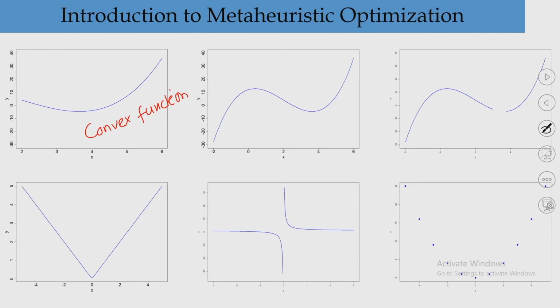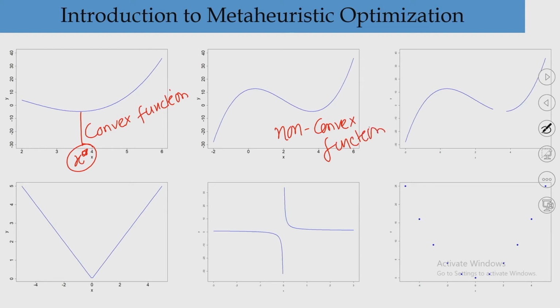So, I can apply the classical optimization technique and obtain the global as well as local optimal solution of this problem, and this is a local optimal solution as well as the global optimal solution of the problem, because this is a convex function. Now, this is a non-convex function, is it not? This is a non-convex function.